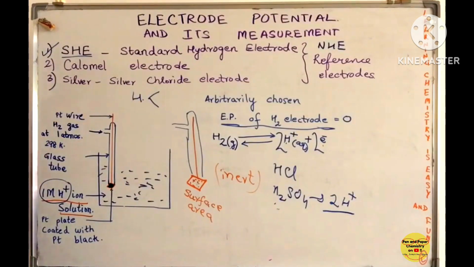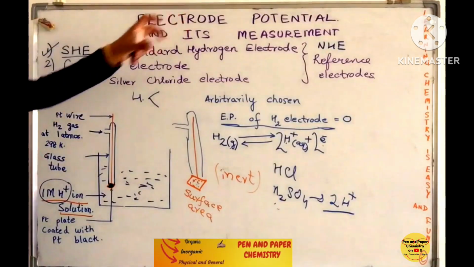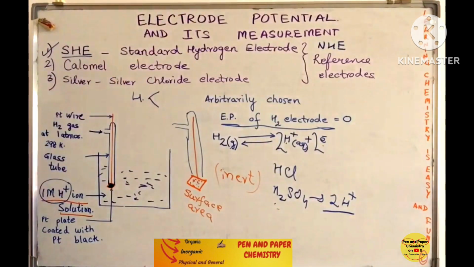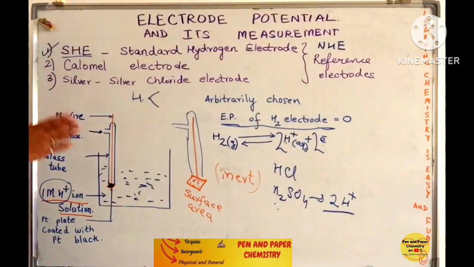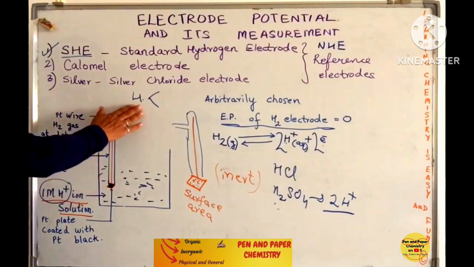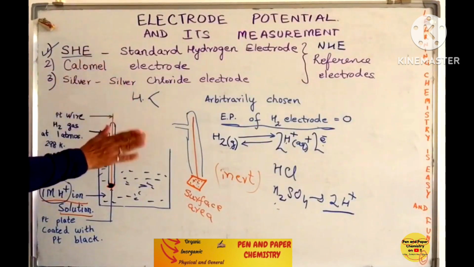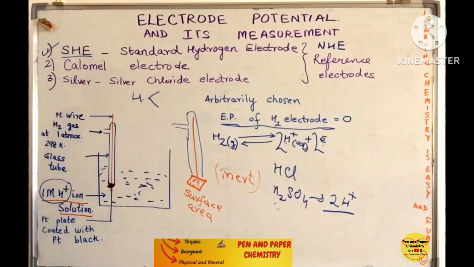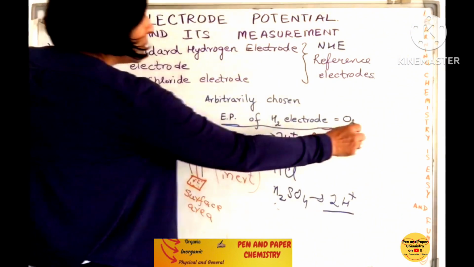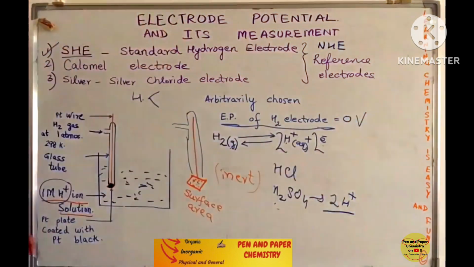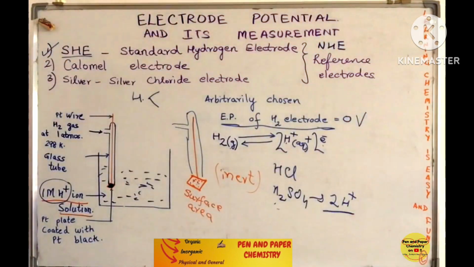It's one element which is put in the center of the periodic table as well. Now, this we have discussed earlier, I will not go into the depth of it. So we've chosen the hydrogen electrode as our standard, the electrode potential of which is 0 volt. Please don't forget to mention the units.